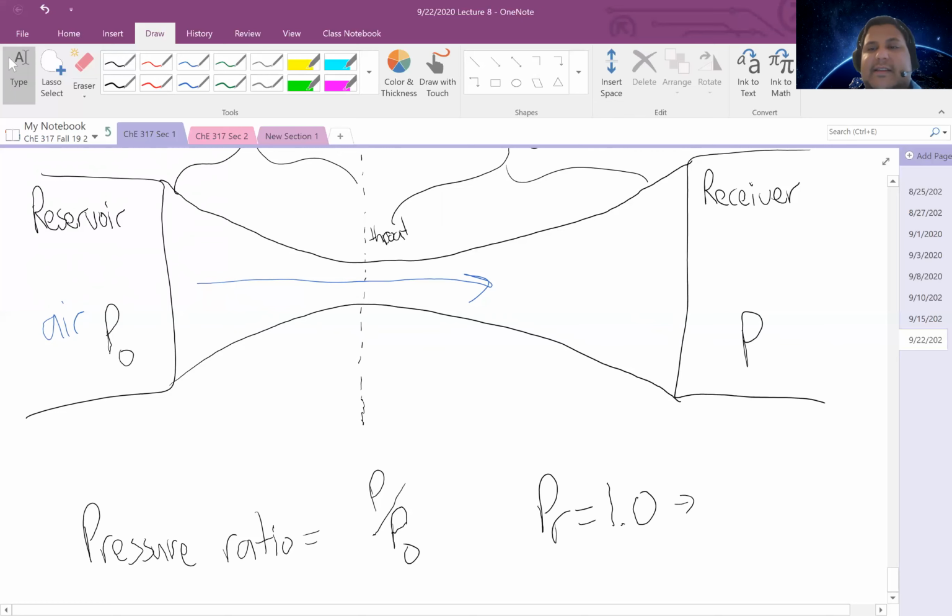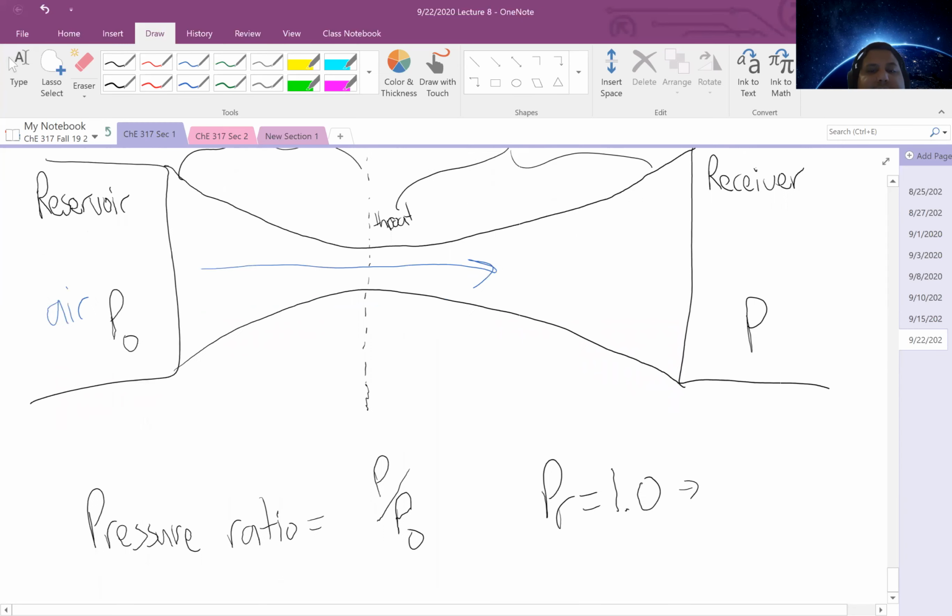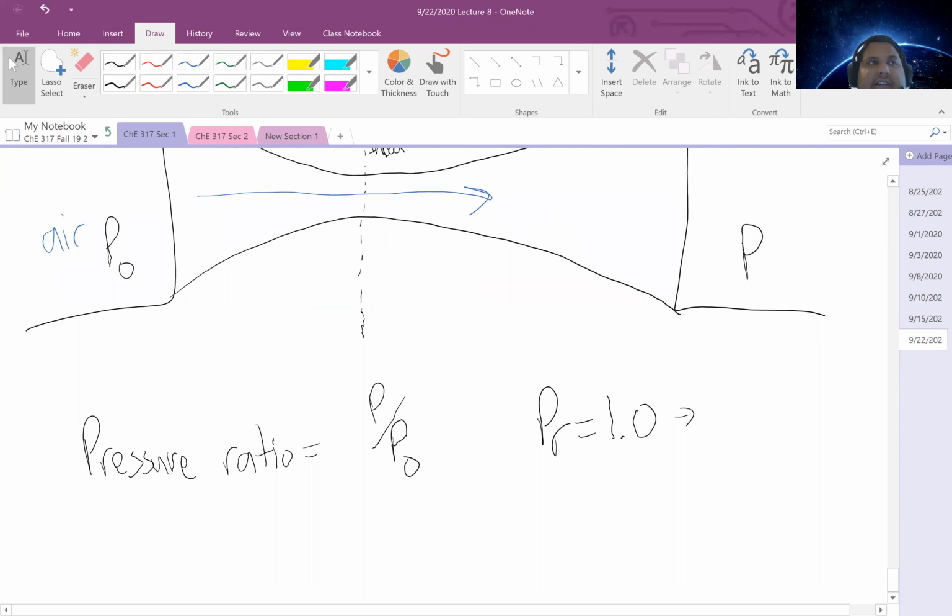So what do I expect to happen in terms of flow? Can you repeat the question, please? Of course. In this system, I have a reservoir and a receiver, and I can define the pressure ratio, which describes that relative pressure.